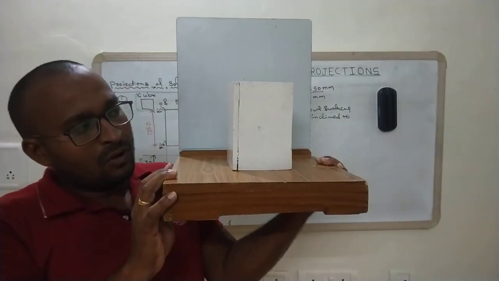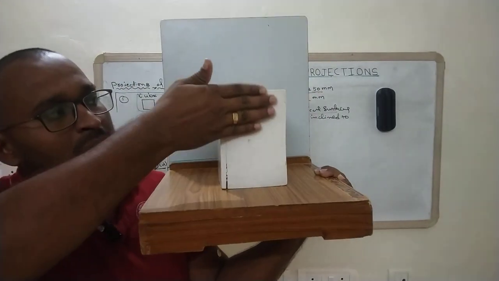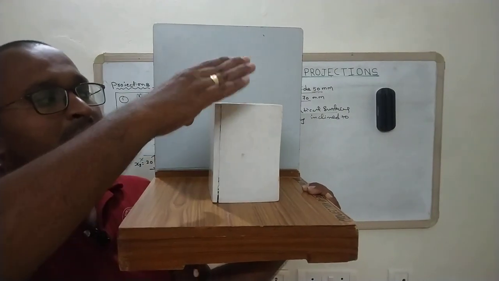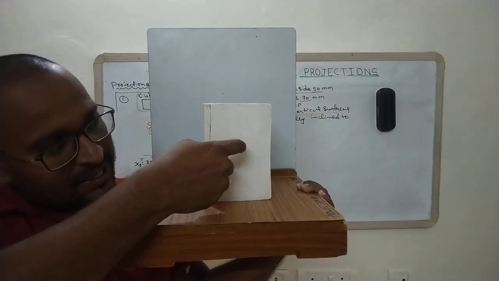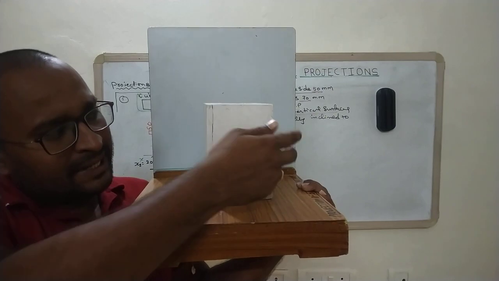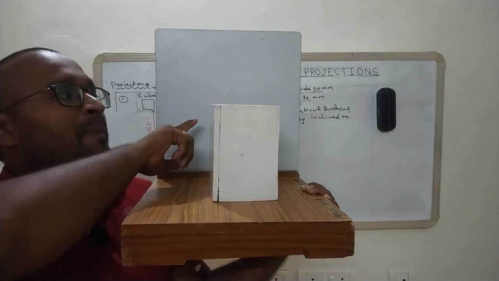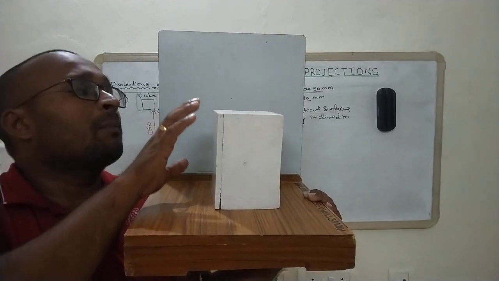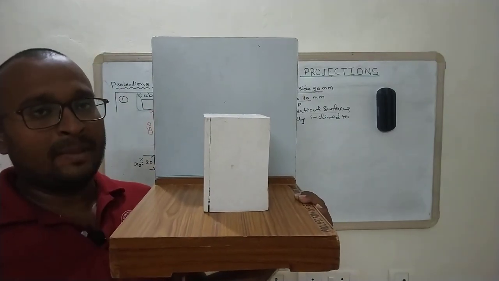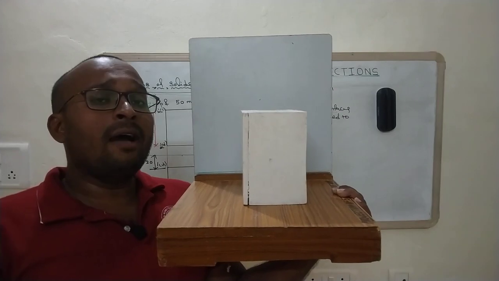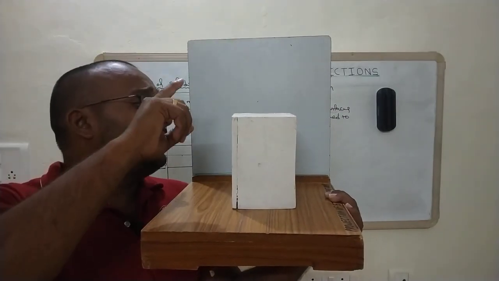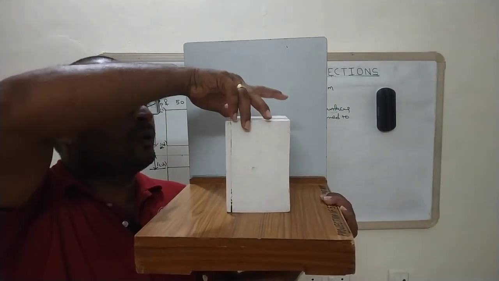Now how it has been placed: resting with its base on HP, as well as one of its rectangular faces parallel to VP or perpendicular to VP. But what we have is all the surfaces equally inclined to VP.